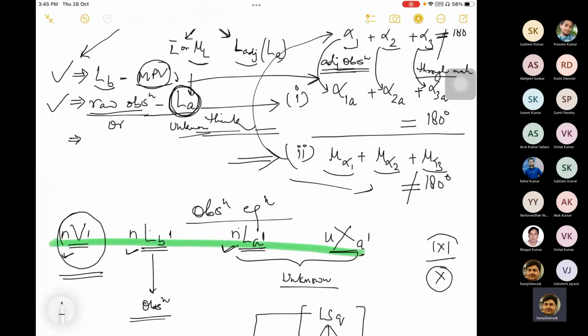Those who are saying 1 cross 1 must have got confused with our last class discussion, where we told that the summation of squares of residuals has to be a single value.